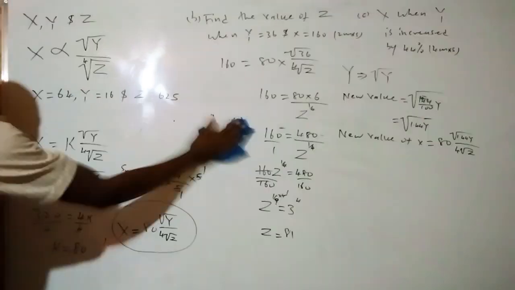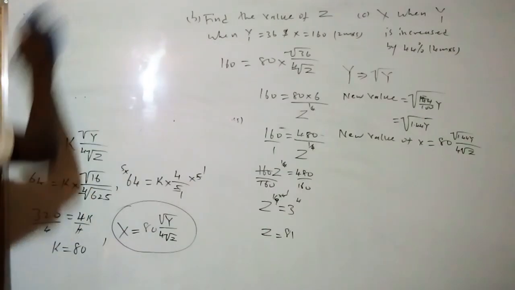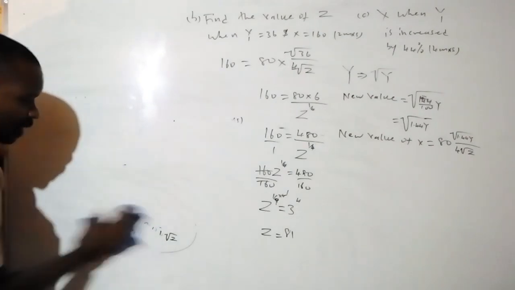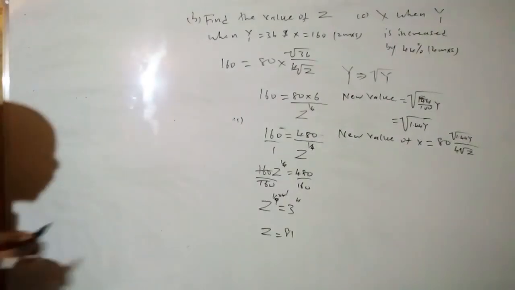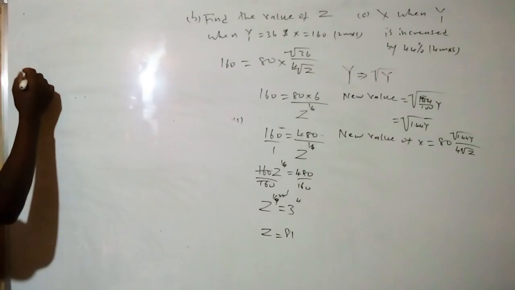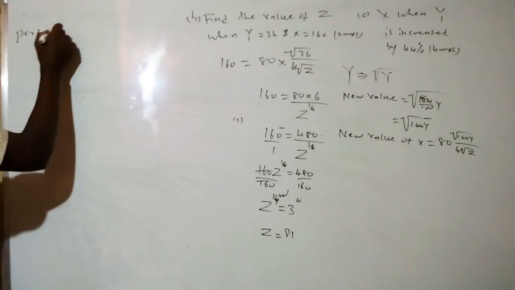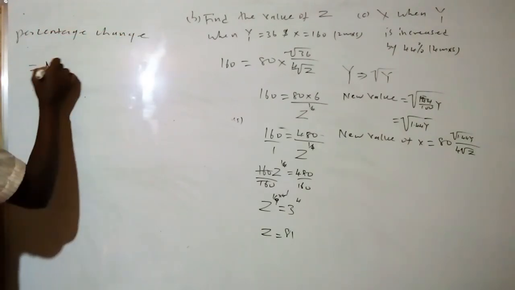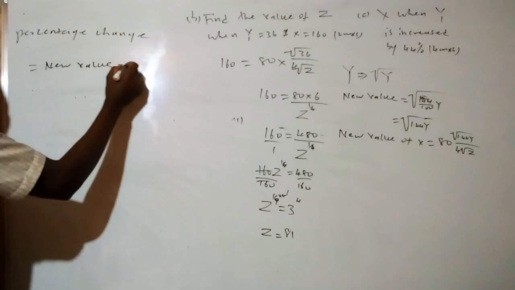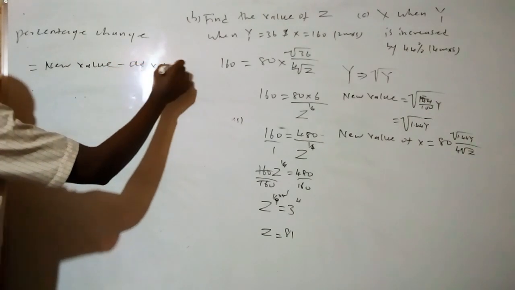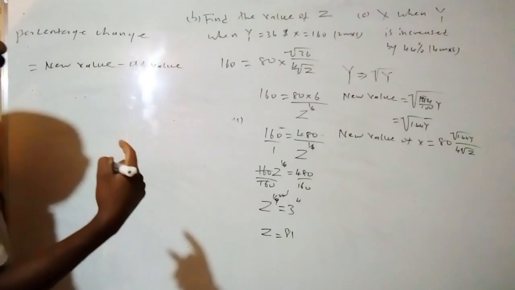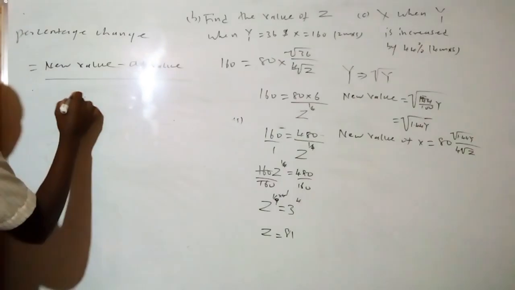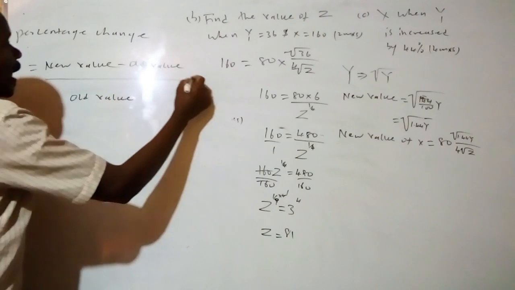Good learners. We can say that percentage change is equal to new value minus old value, of X, all over old value, times 100%.